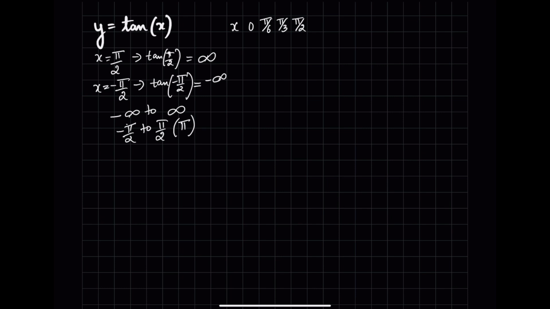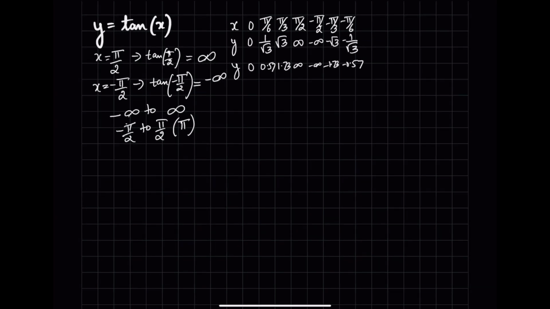Also, on the opposite side, we have to find minus pi by 2, minus pi by 3, and minus pi by 6. So let us try to find the values of tan at these angles and then start to plot it. So please take your time, pause this video and try to find the values of this. I'll see you in a minute.